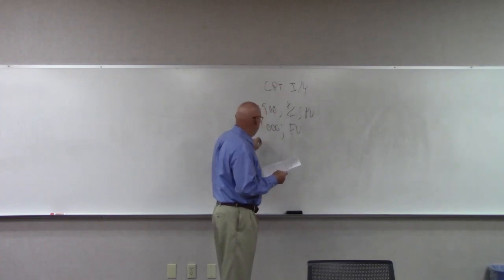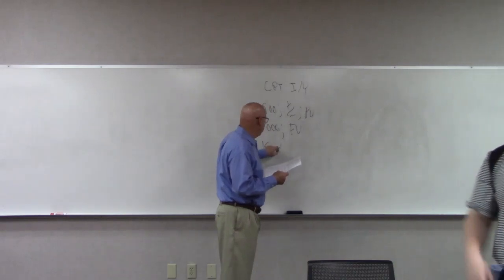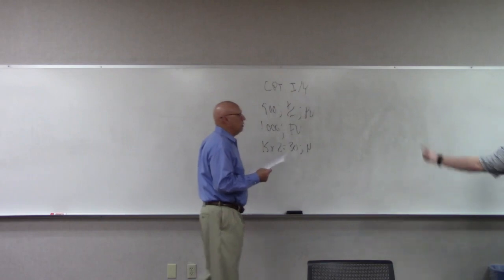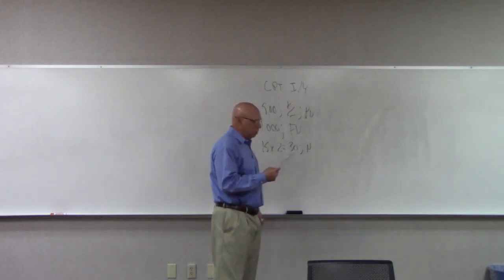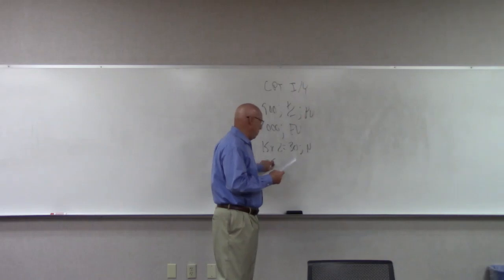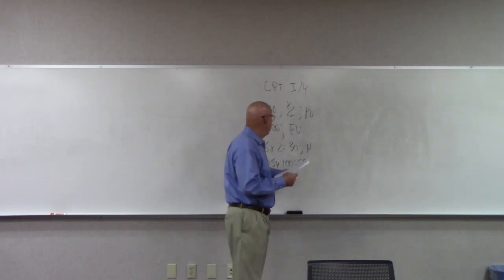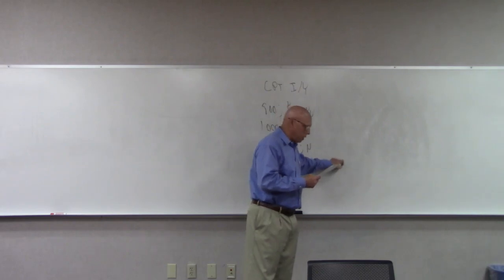Okay? 15 years, you pay semi-annually, times 2, 30 is our N. Okay? And let's see, 0.05 times 1,000 is 50, divided by 2 is 25, and that's our payment.